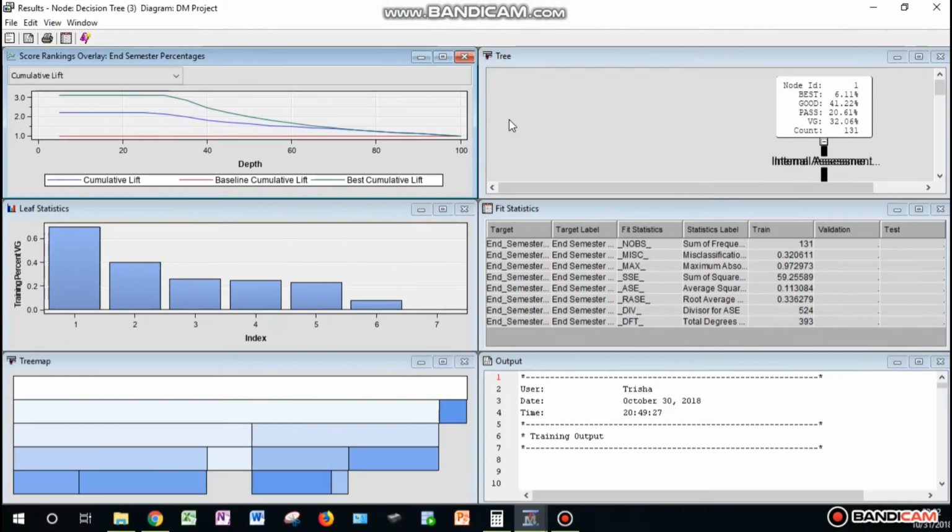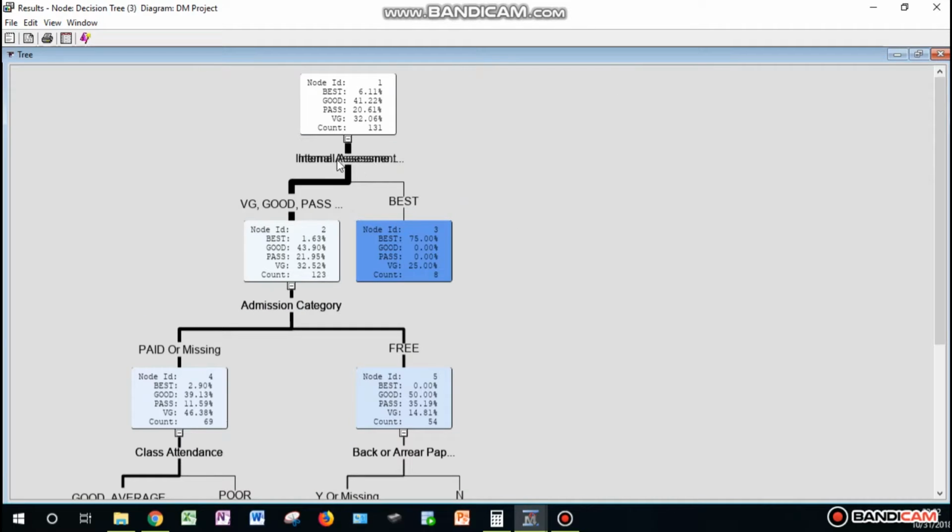we can see that the internal assessment percentages, which is the continuous testing on a student to see their progress, had a strong effect. If they received a best score on the internal assessment, 100% of students received a very good or best on their end semester percentages.